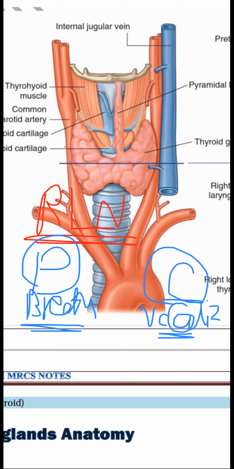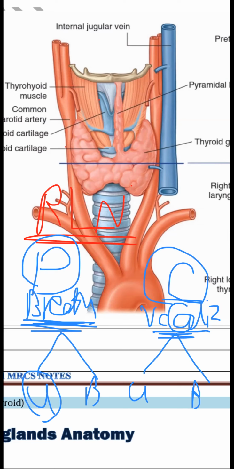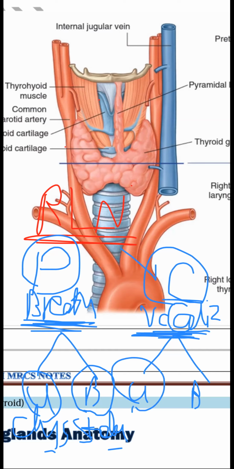So partial, if unilateral or bilateral. While complete, if unilateral or bilateral. Partial unilateral is related to breathing, so it will be dyspnea on exertion. While partial bilateral is stridor. While about vocalization, complete unilateral will be hoarseness.